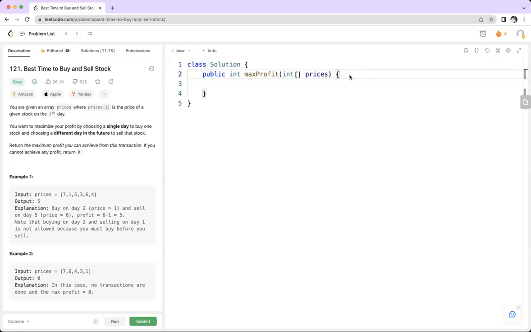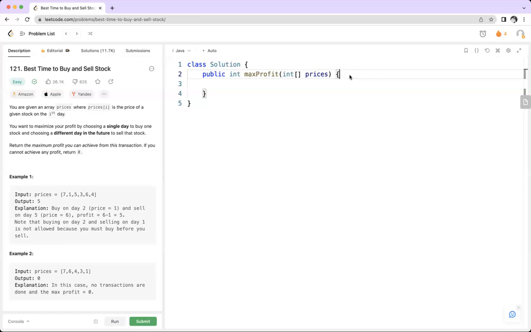In this, we are given an array of prices, and prices[i] is the price of a given stock on the ith day. We want to maximize the profit by choosing a single day to buy one stock and choosing a different day in the future to sell that stock.